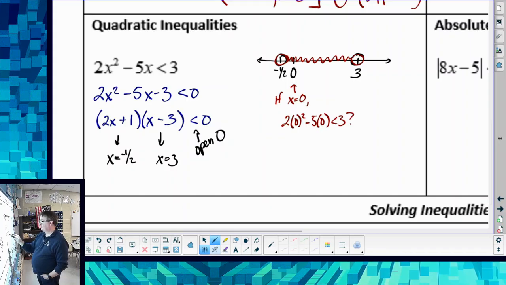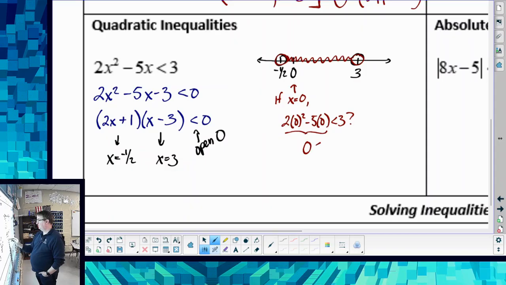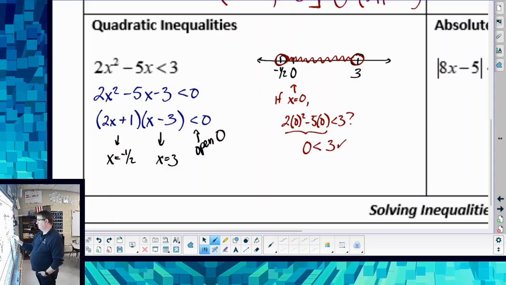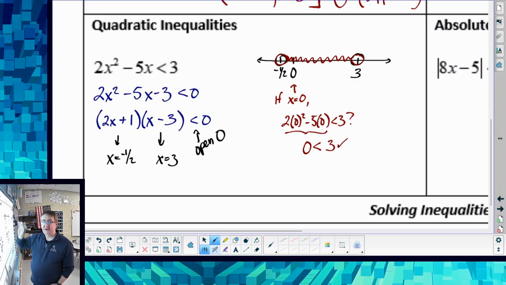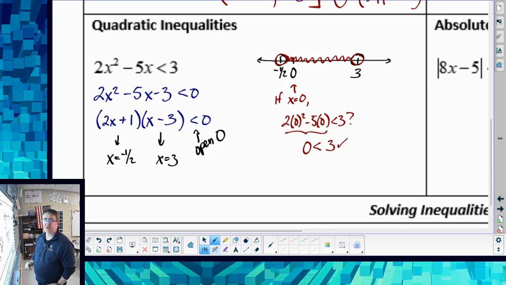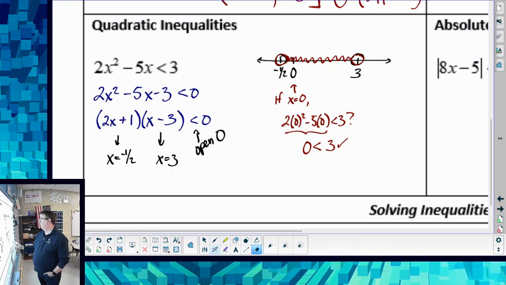So is 2 times 0 squared minus 5 times 0 less than 3? This turns out to become 0. That's less than 3. So we're good. And then you could, if needed, test the other sections as well. I'm not going to do that just for sake of time right now.